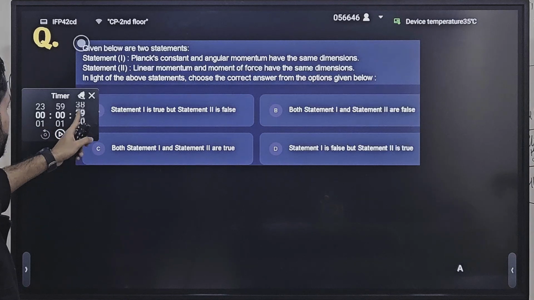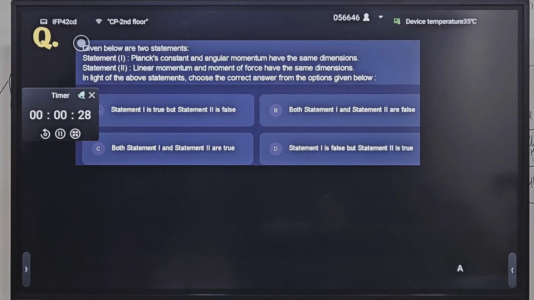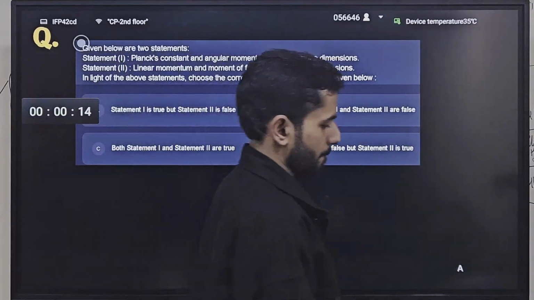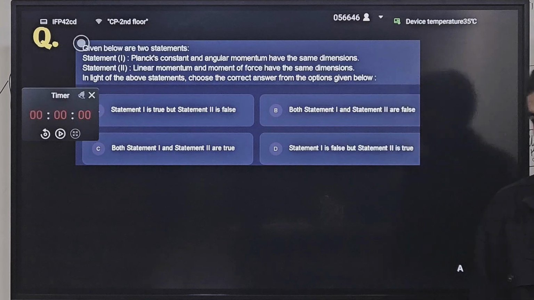Check this statement. What is this statement saying? Done.